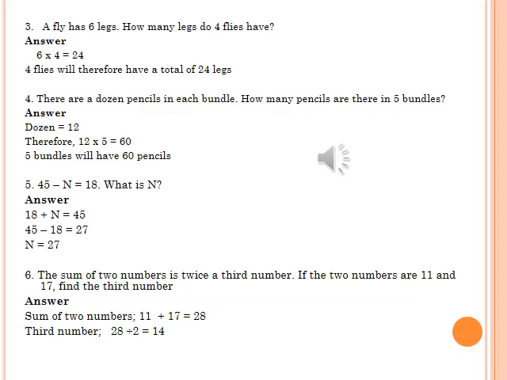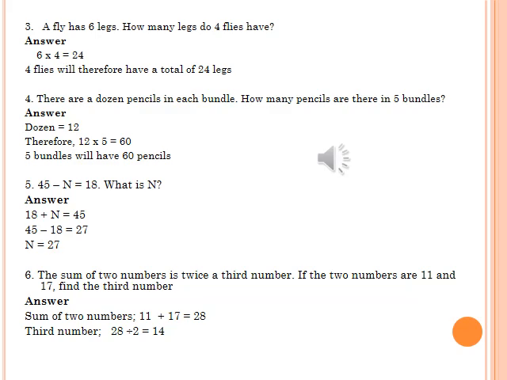Question 5. 45 minus n equals 18. What is n? Answer. 18 plus n equals 45. 45 minus 18 equals 27. Therefore, n is 27. Question 6.